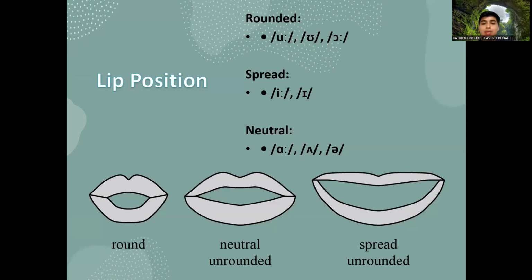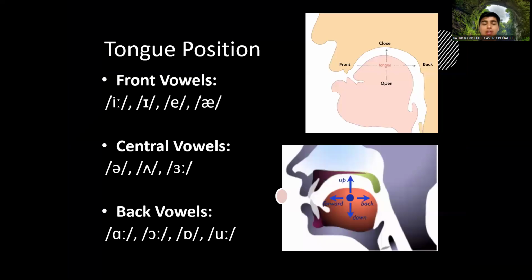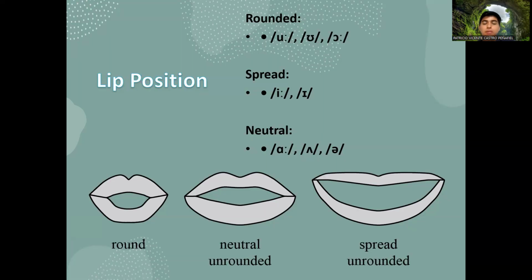So don't forget that we have different forms to pronounce the vowels. This part is really important to understand: lips have different shapes, and that's why they can change their position.